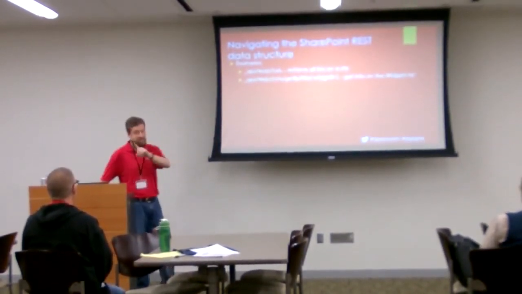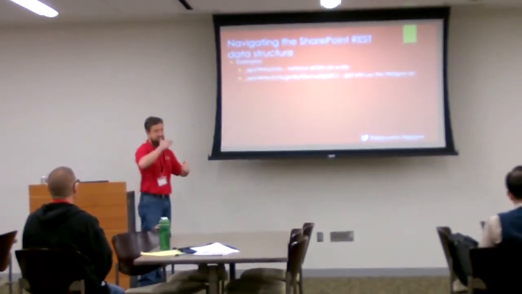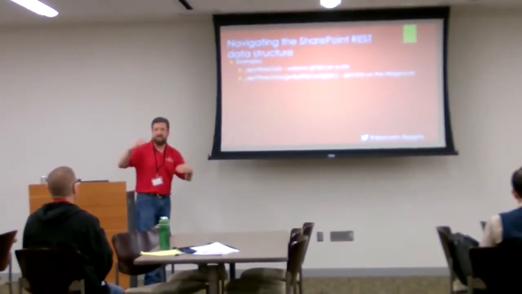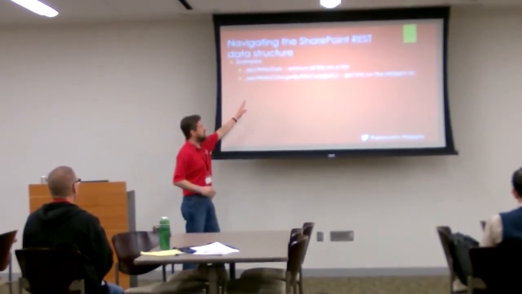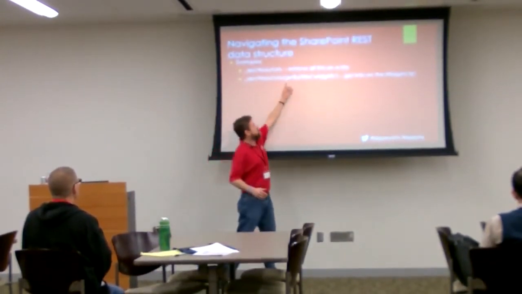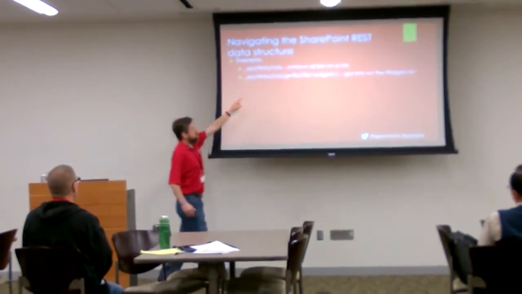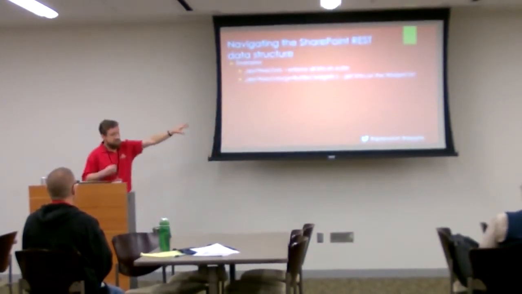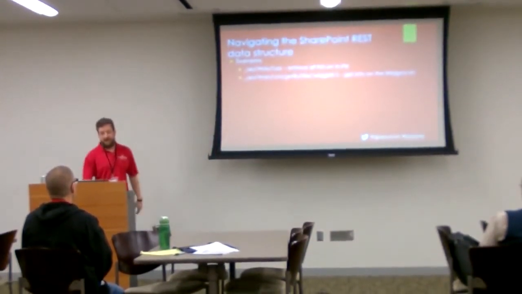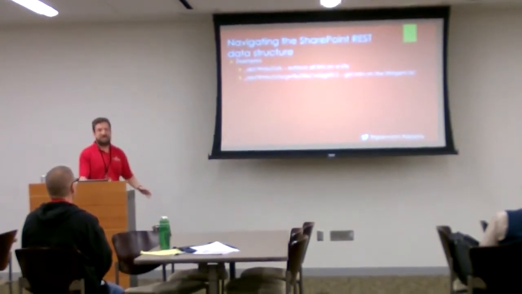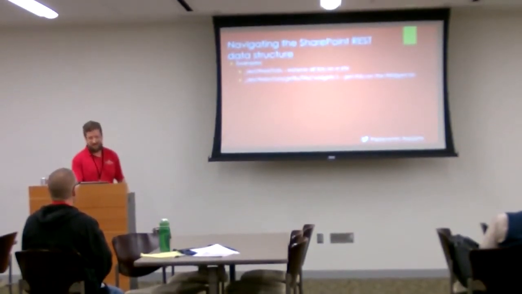That is not case sensitive, by the way. I want to make a note of that. Old guy, I like to camel case and Pascal case things. I'm sorry, it is not case sensitive. You can pass this in all lowercase and it'll work fine. List getByTitle, list name will give you all of the items in that list. All of the fields also, and we'll go into how to select specific ones too.